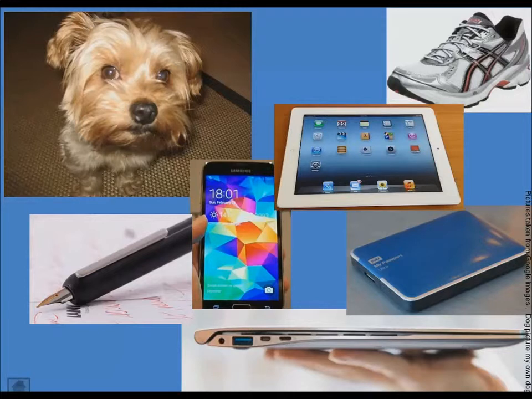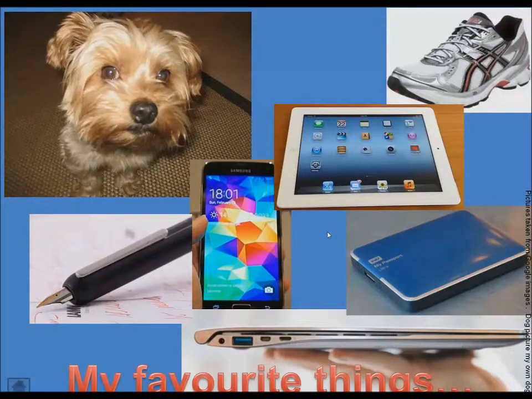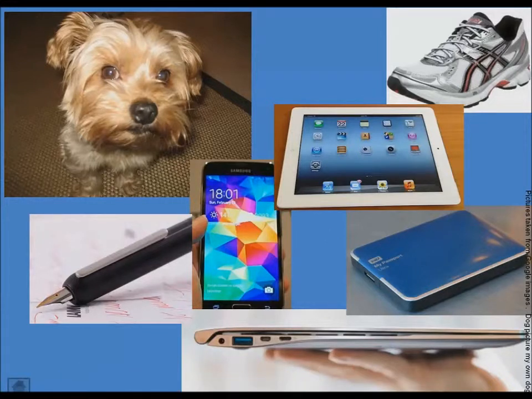For example, in this case, I showed them a picture of my dog, my running shoes, my iPad, my phone, my fountain pen, my Passport Ultra storage device and my laptop, my favorite laptop. And so I asked them what these things have in common. Once we have established that they are my favorite things, then I would ask them to work in pairs and make a list of their favorite things before moving on.